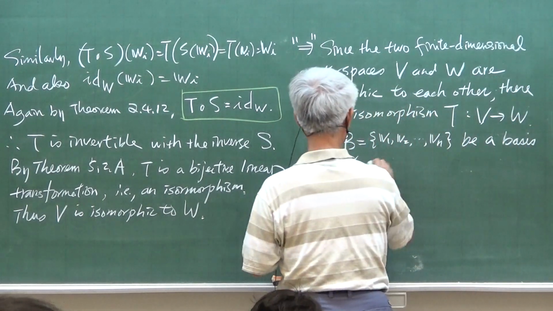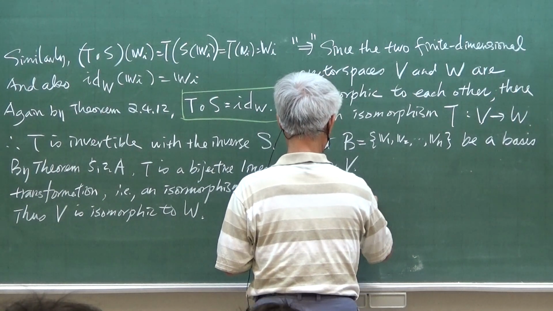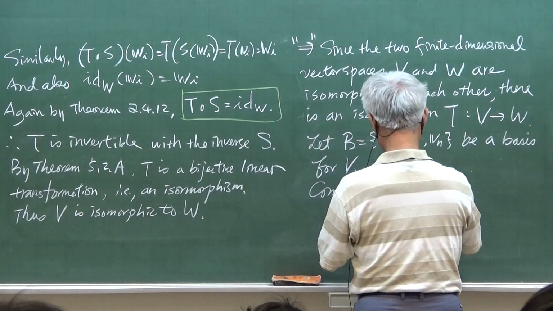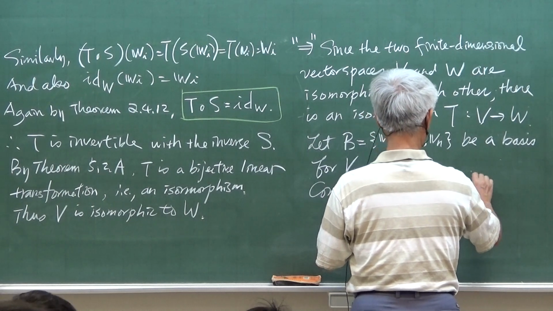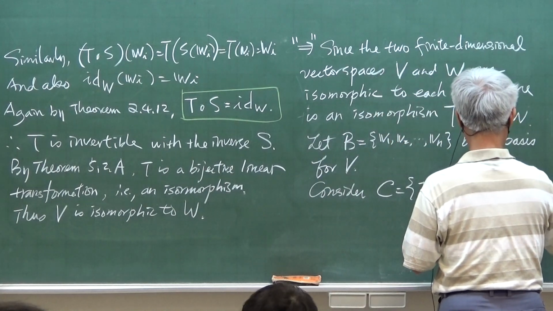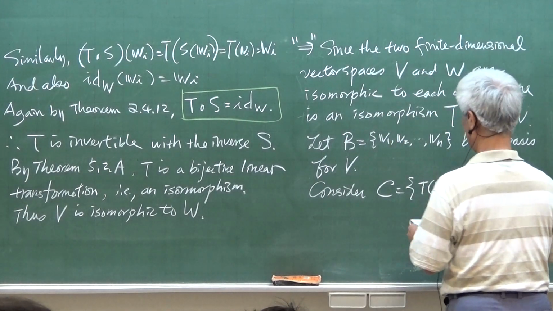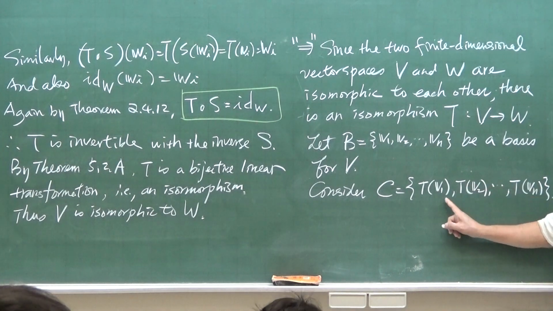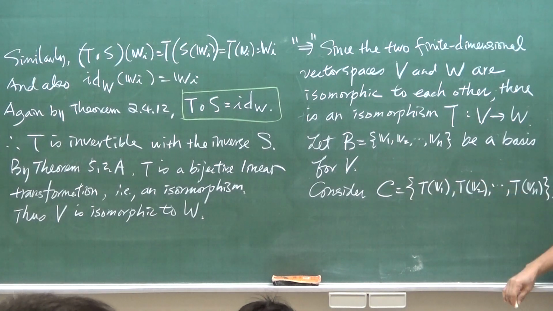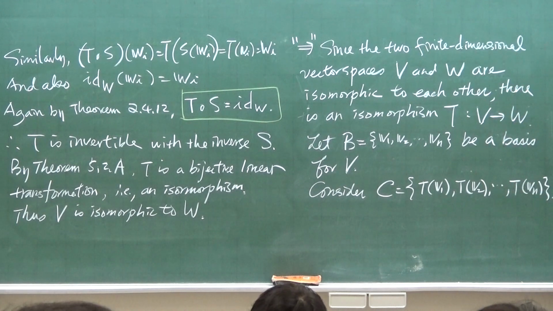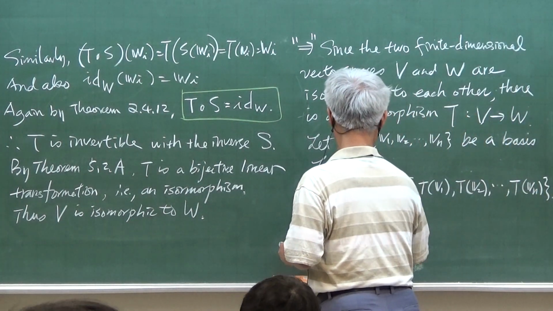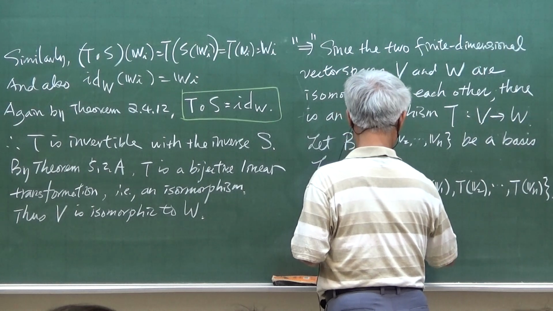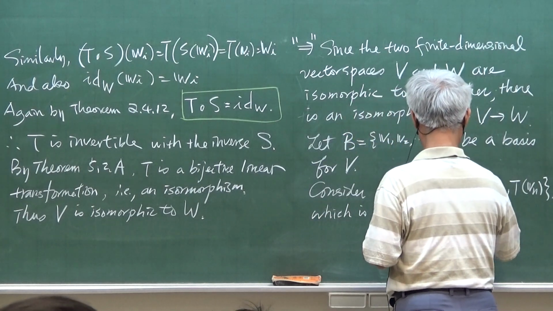Now we consider C, the set of all images. So C consists of the images of V1, V2 up to Vn in W in the codomain, which is a subset of the codomain.